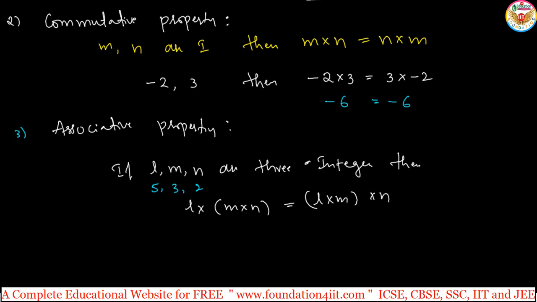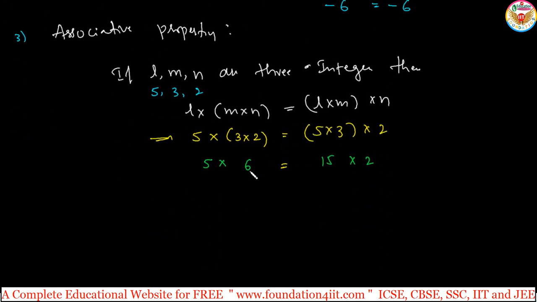Just check this rule now. That is 5 into (3 into 2), or (5 into 3) into 2. You must get the same result on both sides. 3 into 2 in the bracket is 6, into 5 is 30. Here 5 into 3 is 15, into 2 is also 30.